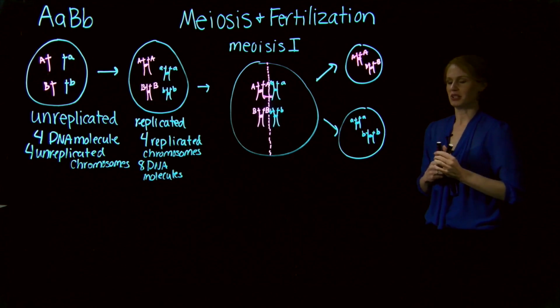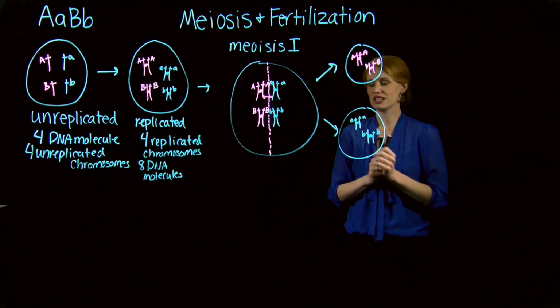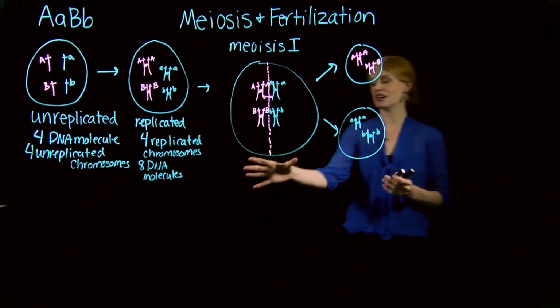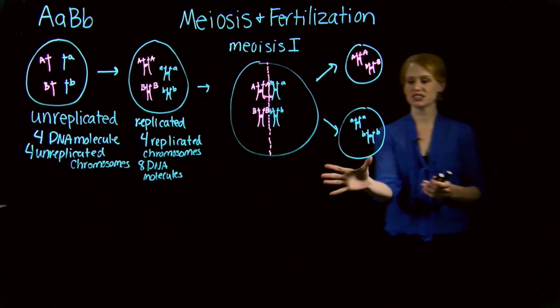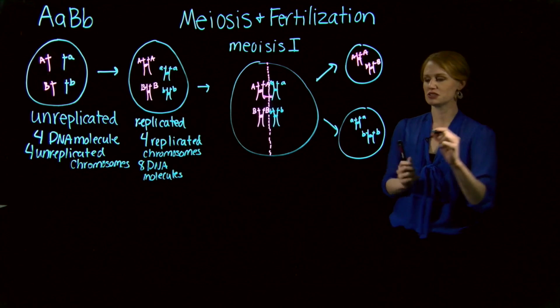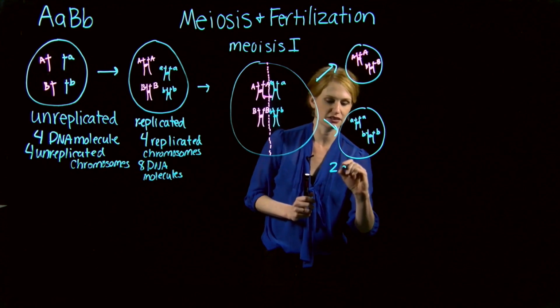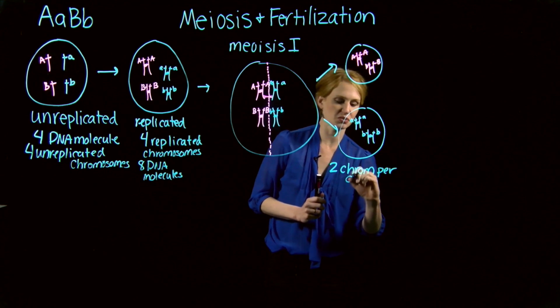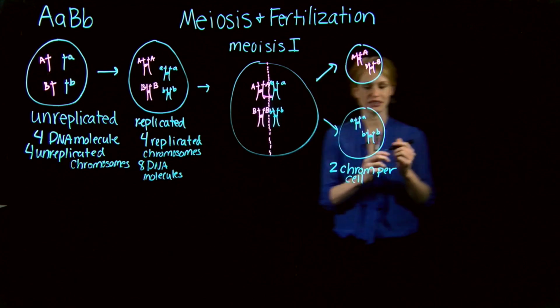So after meiosis I and cytokinesis, we have two daughter cells. And let's count the number of chromosomes in these cells. So we started out with 4 chromosomes, and each daughter cell, notice, only contains 2. So we've got 2 total chromosomes in each cell. Each chromosome still consists of 2 DNA molecules.